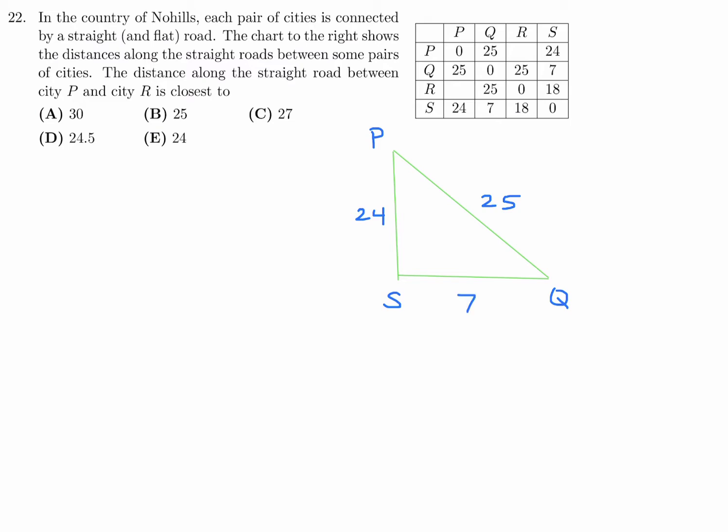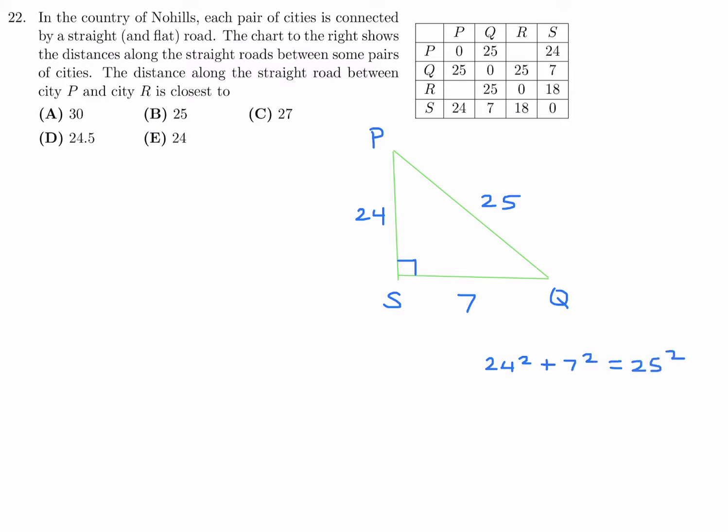The distance from P to Q is 25, the distance from P to S is 24, and the distance from S to Q, or Q to S, either way, is 7.